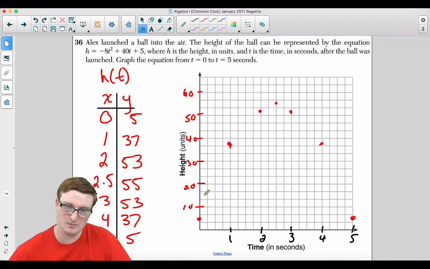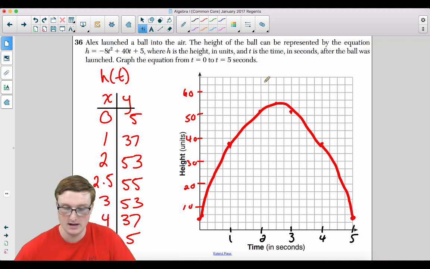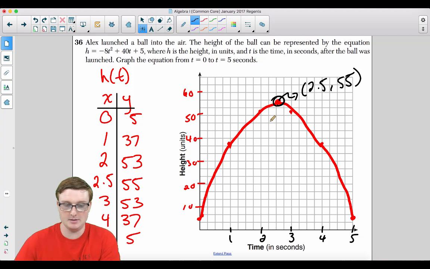Let me try a thicker pen, because thicker pens usually result in a better graph. All right, that's the best it's going to get. So this vertex up here is the point 2.5, 55, and I'm going to label this h of t.